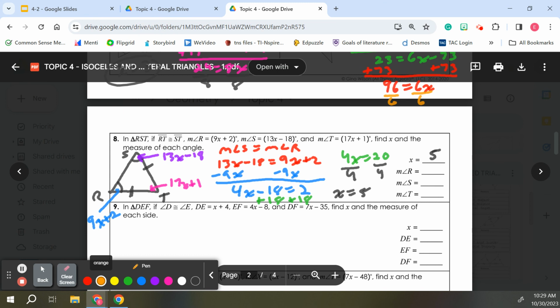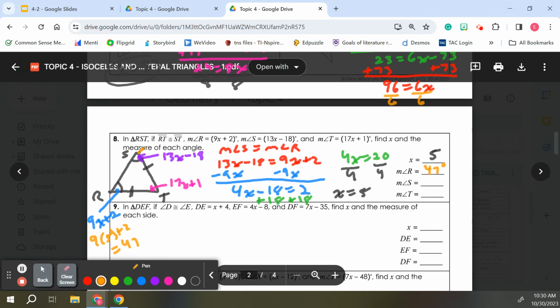This is a substitution problem. They didn't ask just for x, they asked for all those angle measures. So I'm going to first substitute this 5 in for angle R, which will be 9 times 5 plus 2, which gives me 47. So angle R is 47 degrees. Now, if angle R is 47 degrees, then angle S is also what? Because we said those two were equal.